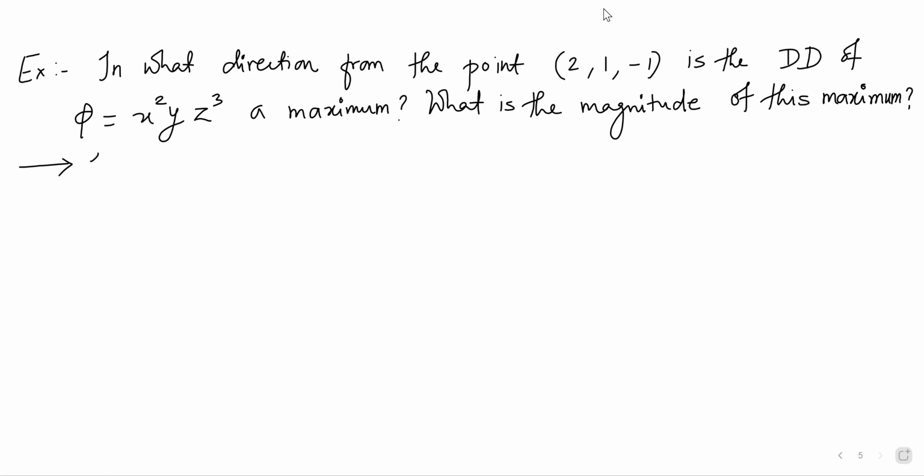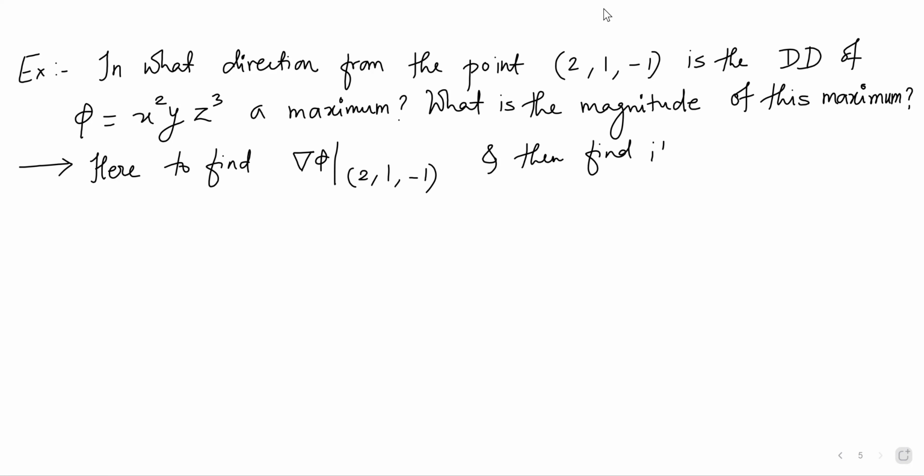So here we find del phi at (2, 1, -1) and then find its magnitude. This is the answer of the question. This is the trick actually.